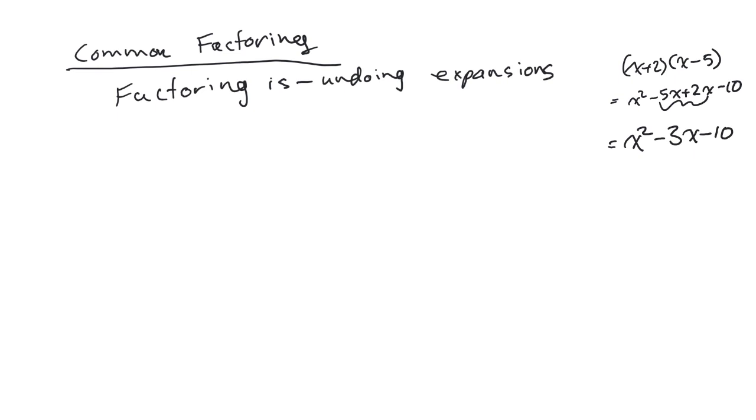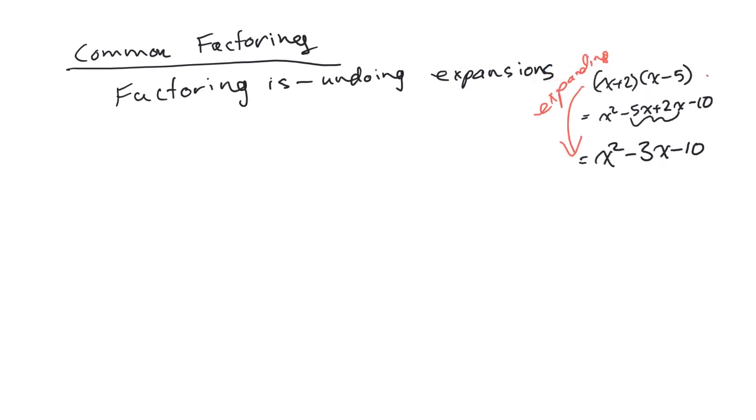Okay, so in this case, going this way is called expanding. What we're going to be doing is we're actually going to take our information and undo what we did to go back, and we call this factoring.